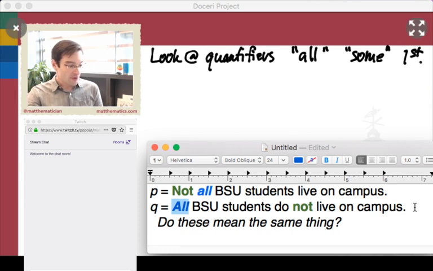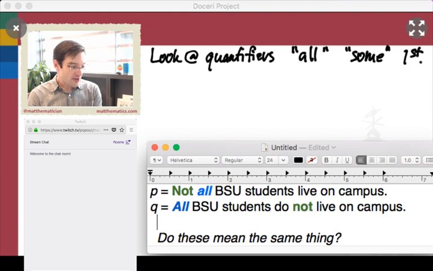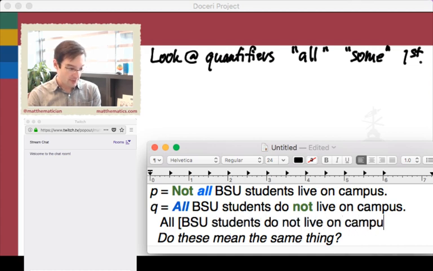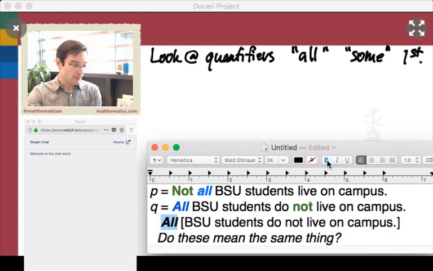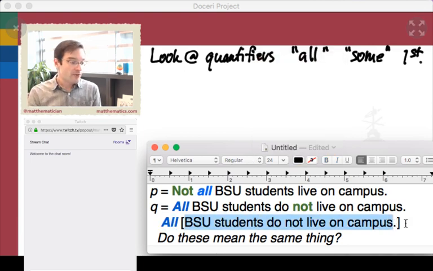So if I look at those first, then my Q statement is going to be all, and then the thing that it applies to is BSU students do not live on campus. So if I'm going to assess the truth value of this thing now, then the proposition that I'm interested in is this one. I'm going to be focusing on the non-resident students when I assess this proposition.